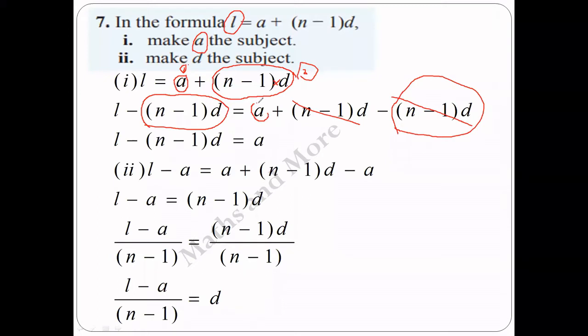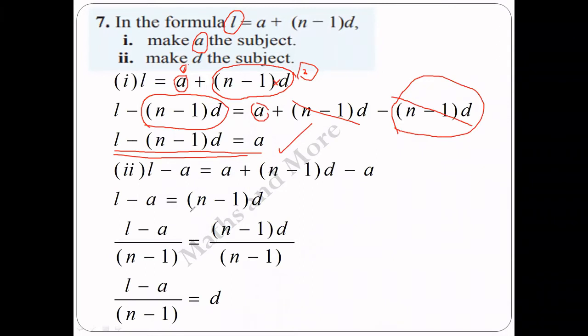So now A is the subject. In the left hand side, L minus n minus 1 times D. Now, this is the answer. A is the subject. If you keep the answer, that is correct because A is only in one side.